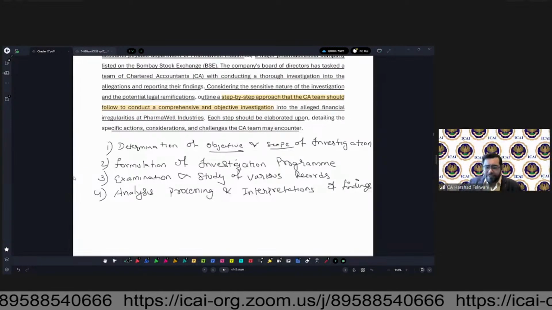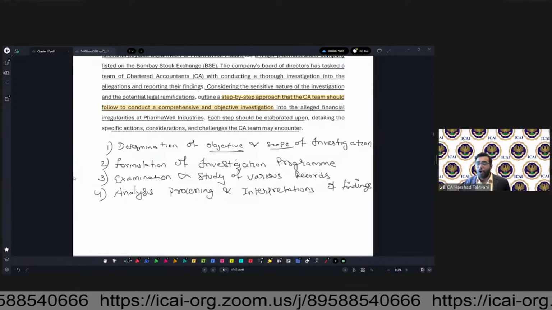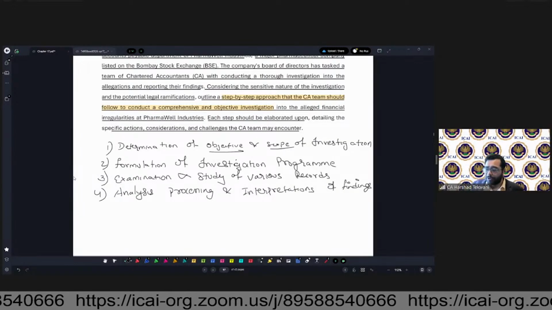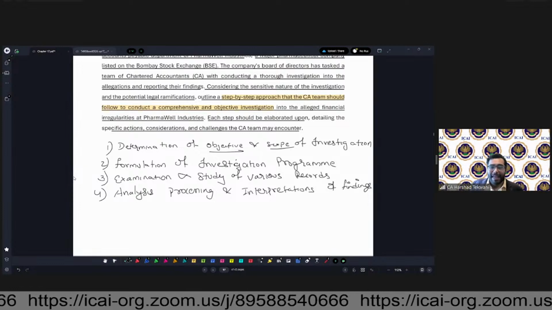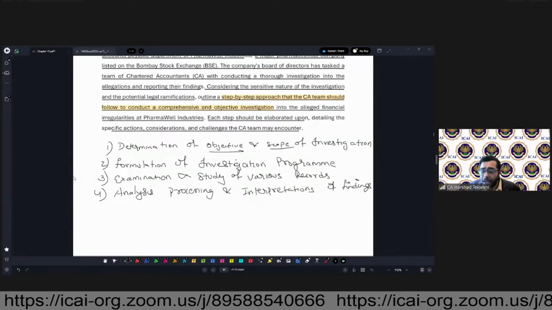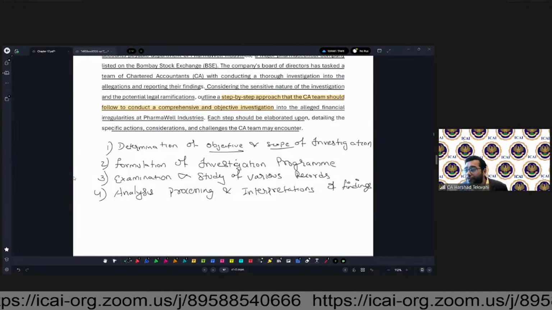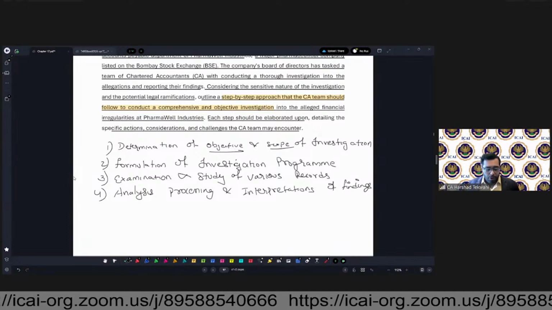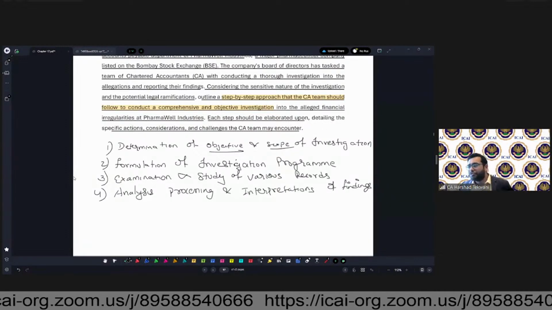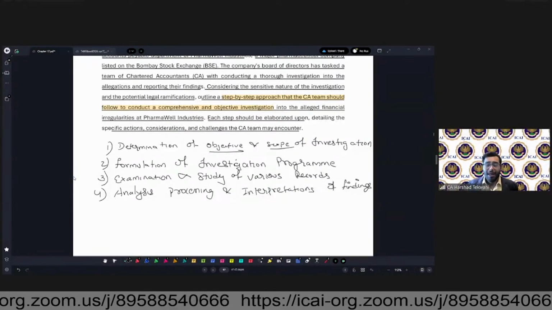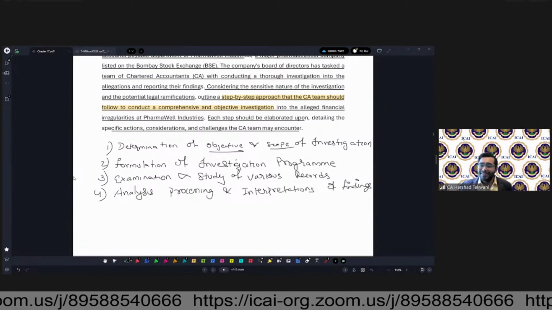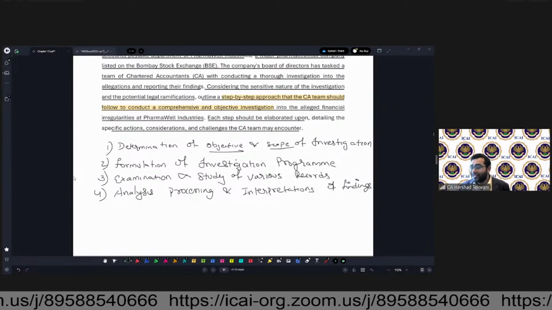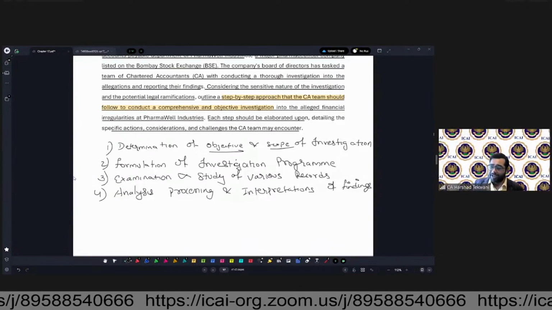At times it becomes very difficult to identify whether something has happened or not, even though you may have a lot of evidence in your hand, but you might not have conclusive evidence. You might have circumstantial evidence. As a result, investigation requires thorough analysis, processing, and interpretation of the findings.